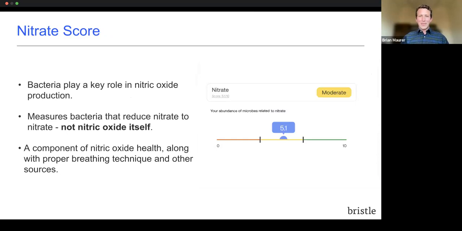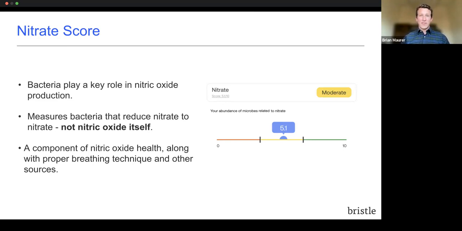And now, again, with the Bristle report, we can use this nitrate score to measure the bacteria in our patients' samples to see if they have the abundance of nitrate-reducing bacteria, or if they want to start to incorporate approaches like increasing nitrate in their diet through beets or leafy greens.